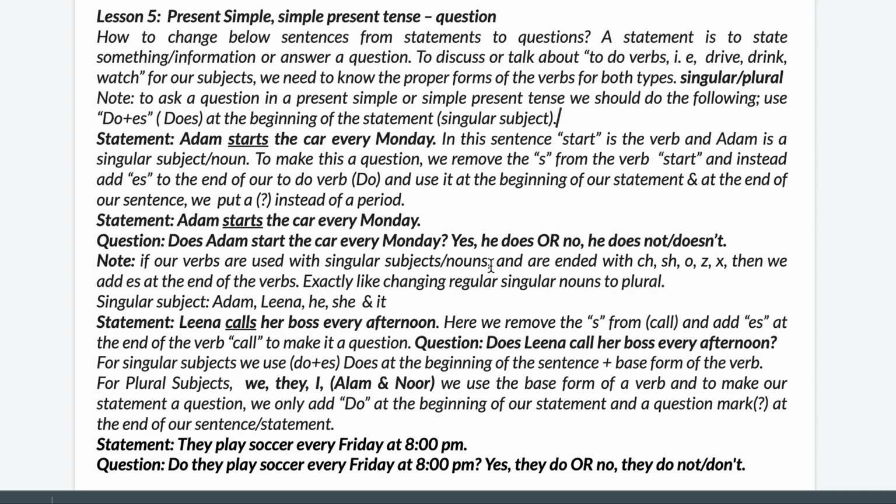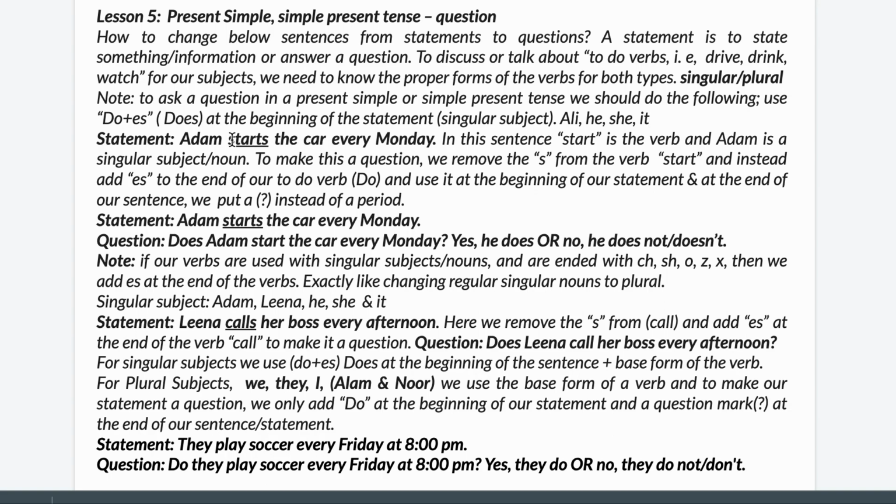Okay? So again, singular person, we know that it's Ali, he, she, it. Okay? So we need to do that. The statement stays here. Adam starts the car every Monday.